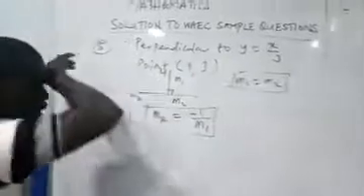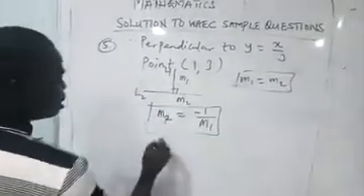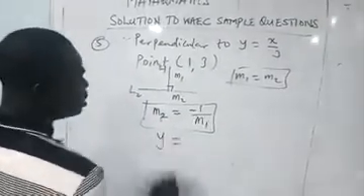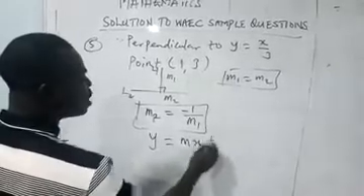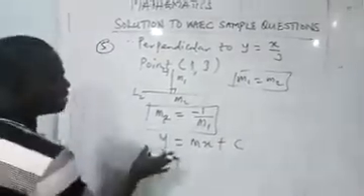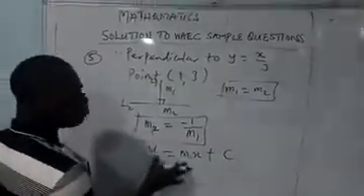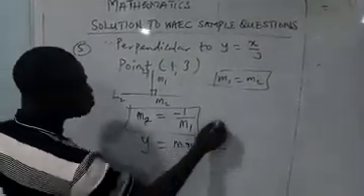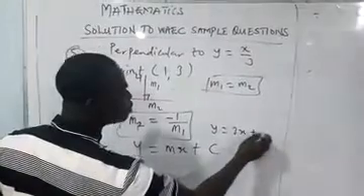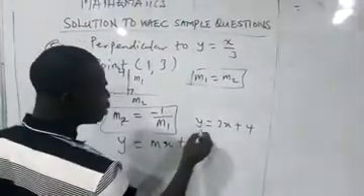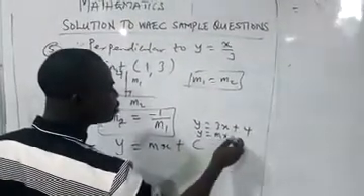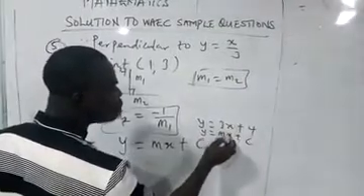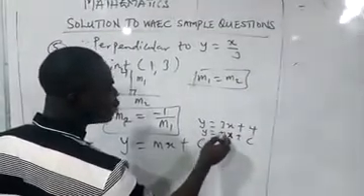But in the question again, we need to look at the form of the equation. This is the standard equation of a straight line, y equals mx plus c, and the equation of a straight line must be of this form. That is, we must look at it as y equals 3x plus 4. If you compare with the standard, y equals mx plus c, it means the coefficient of x is our gradient.